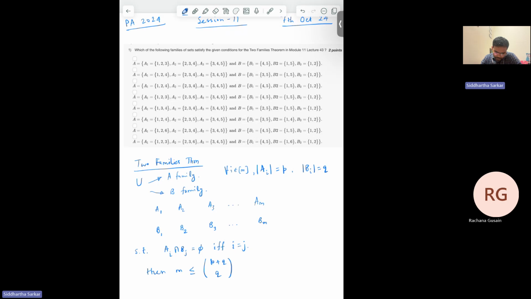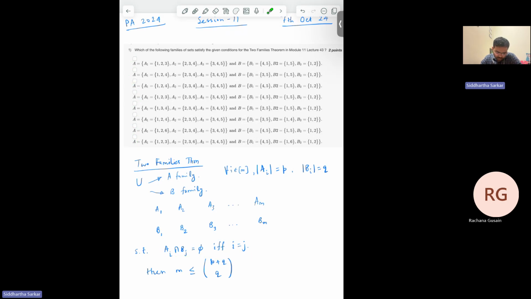As far as this question is concerned, this is the property we are interested in. Which of the following families of sets satisfy the given condition? We have to check for each option whether this condition is satisfied. If it is, we pick that option, otherwise not.